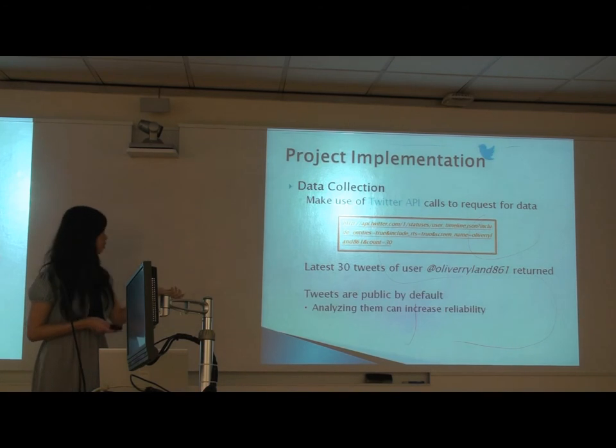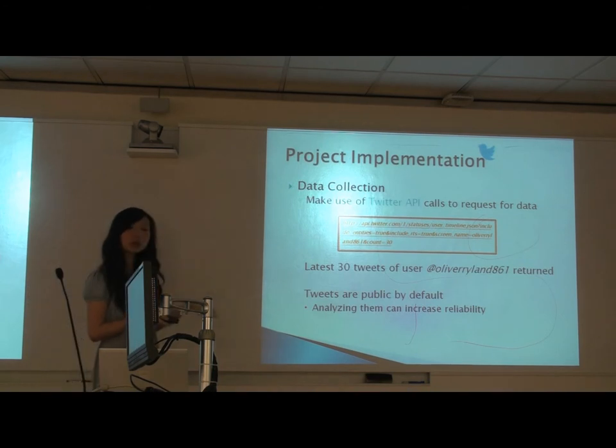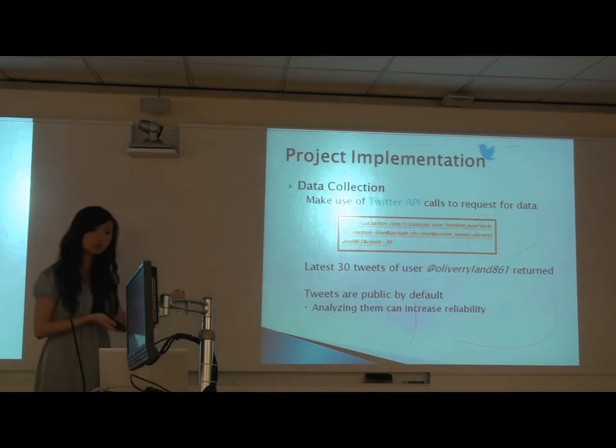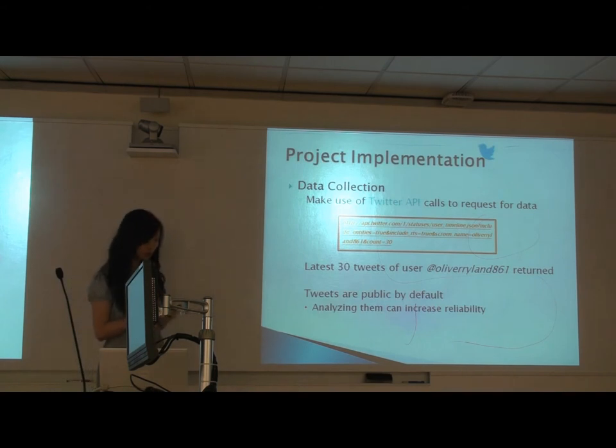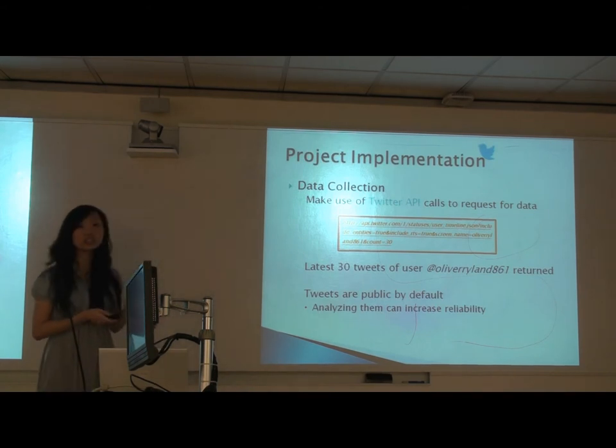Tweets are public by default. Remember, previously I've said that the focus of anti-spamming techniques needs to shift from the contents of the spam to whether the request is from a spam user. However, as tweets are also public by default, analyzing them can increase the reliability of indicators as well as the system.